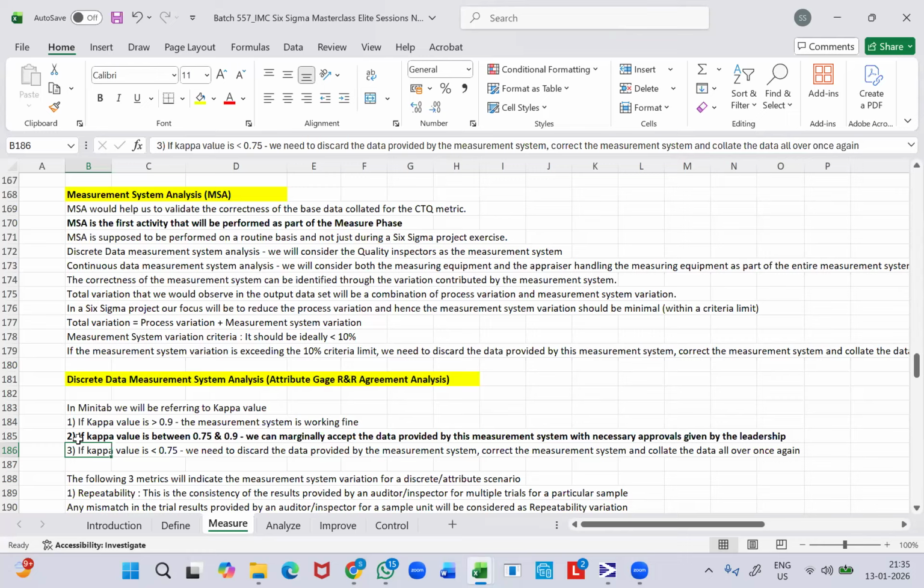So what is the variation percentage with regard to all these metrics that represent the measurement system variation? That variation percentage for all the multiple metrics should be less than 10%. Then only we can say that the measurement system is working fine, and we can trust the data provided by that measurement system. So let us look at how to conduct this exercise.